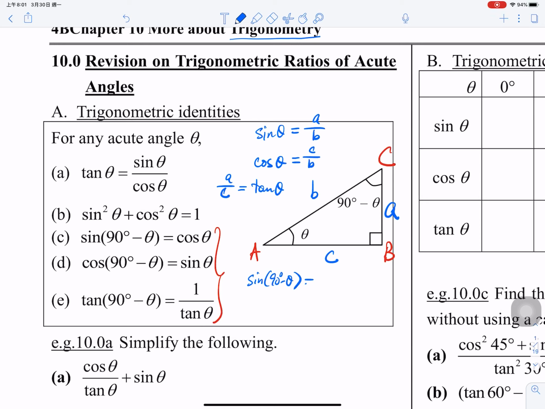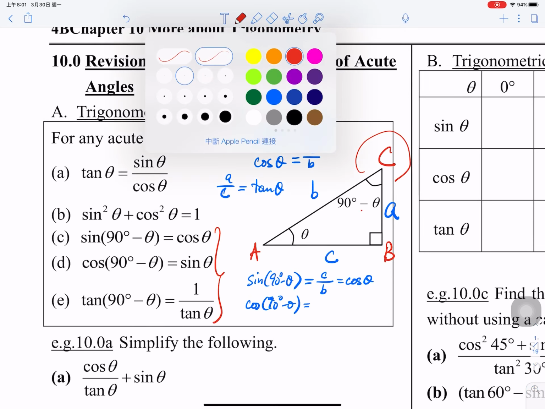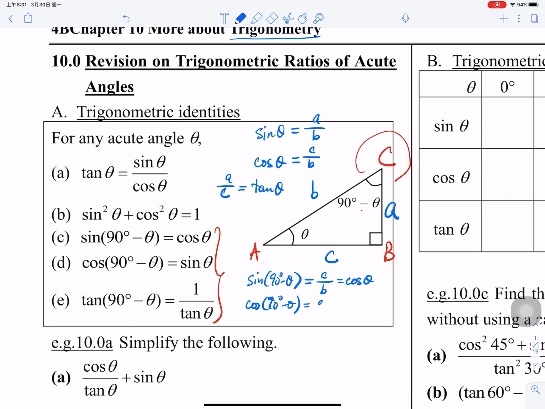Sine 90 degrees minus theta, okay, opposite. That means C over hypotenuse B, so this one is cosine theta. How about cosine 90 degrees minus theta? So A over B, that means sine theta, right?